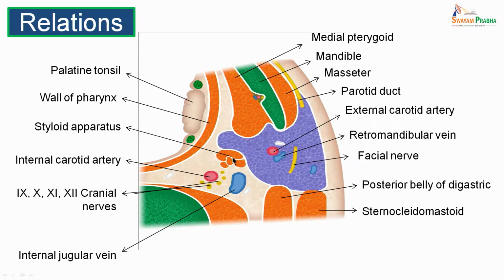Also related to the styloid apparatus, and deeper to this is the internal jugular vein, which lies posteriorly. Anterior to it is the internal carotid artery, and between these two are the last four cranial nerves. So, these are the relations of the posteromedial surface.